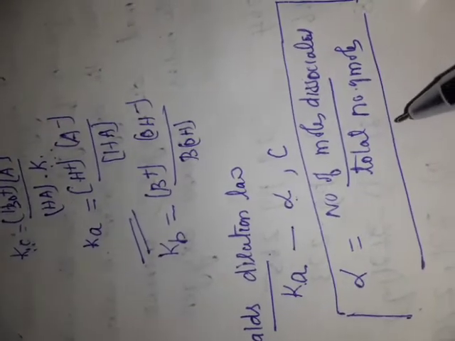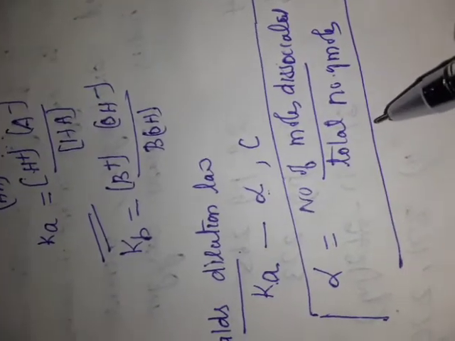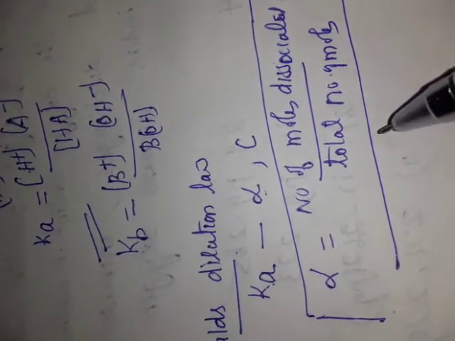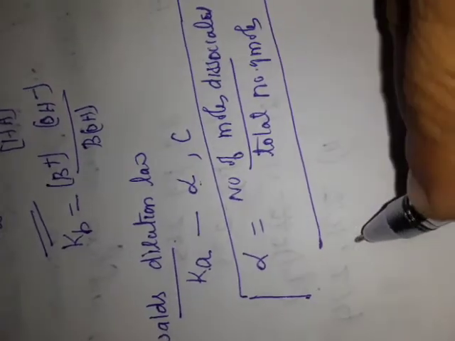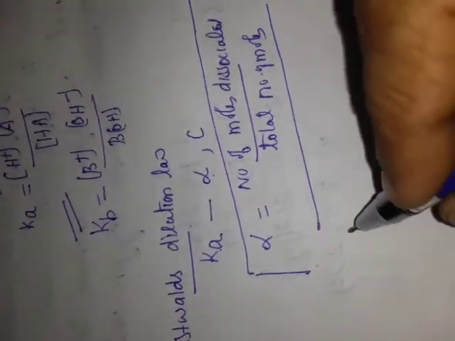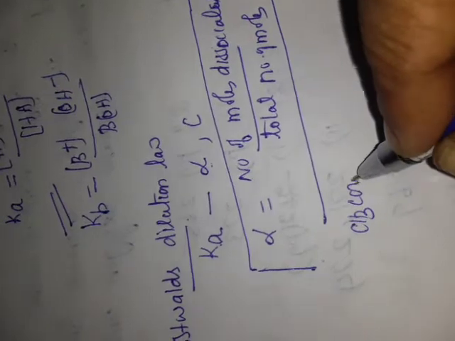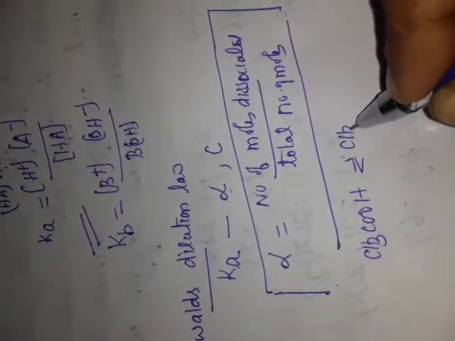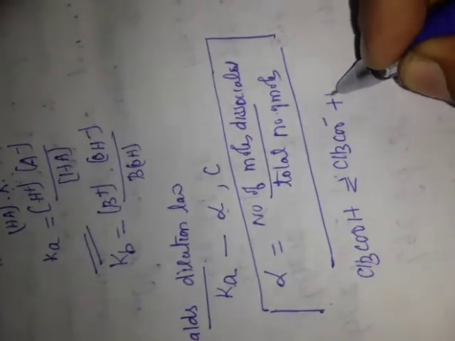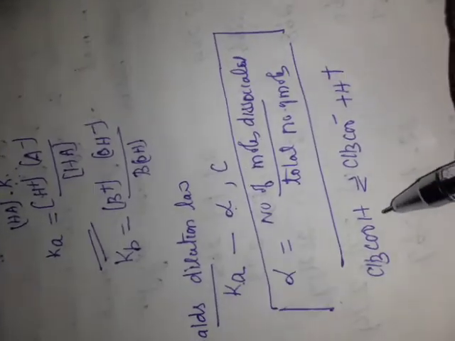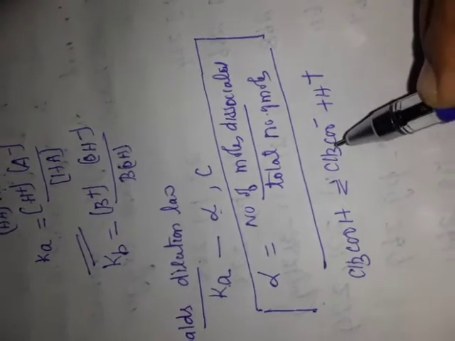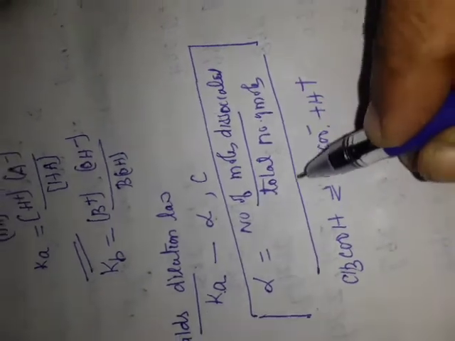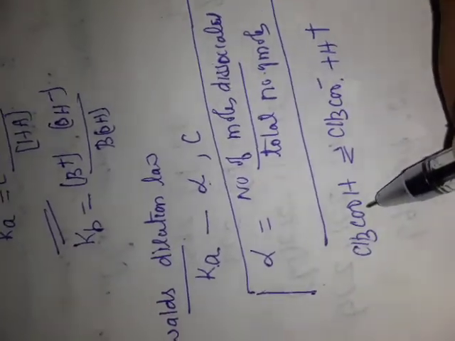Now, based upon Ostwald's dilution law, we are going to derive Ka for a weak acid. Now consider acetic acid. It is one of the weak acids, giving CH3COO- plus H+. Already I told you a weak acid is partially dissociated, so there exists an equilibrium between the dissociated ions and the undissociated acid.